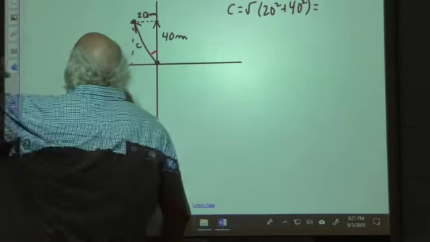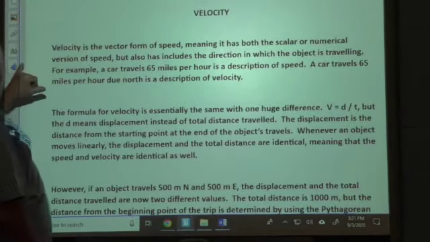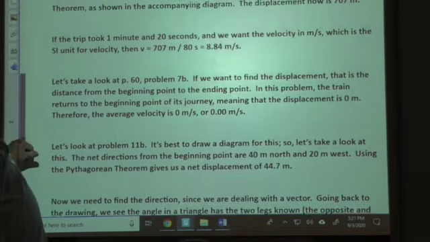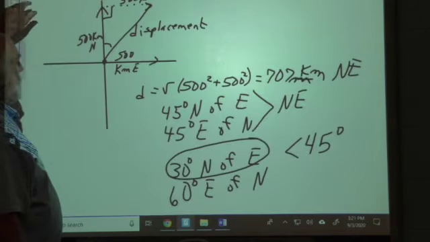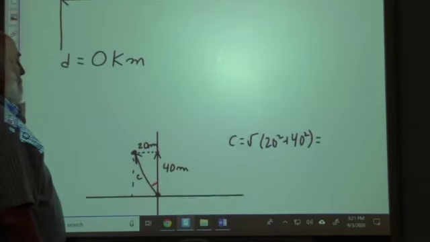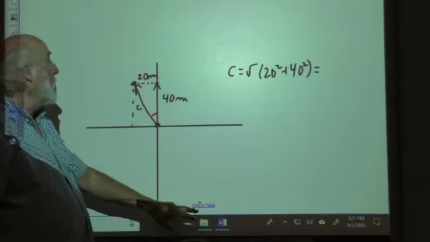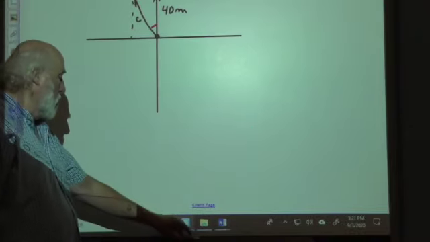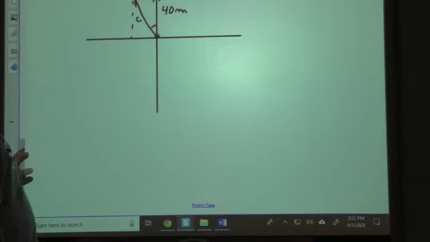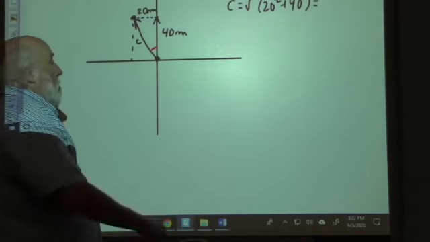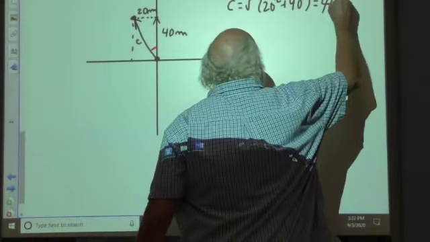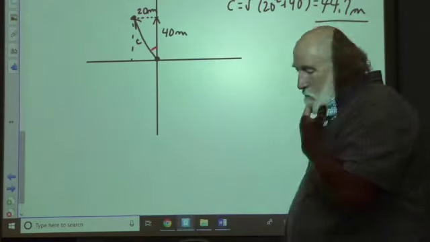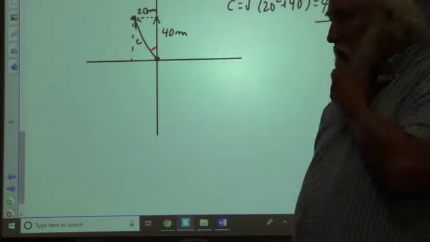And I don't remember offhand what I have here, so take a quick look. About 44.7 meters. So that displacement is going to be that much.